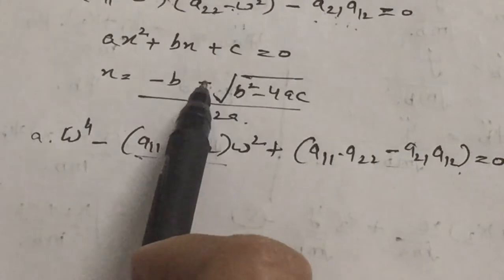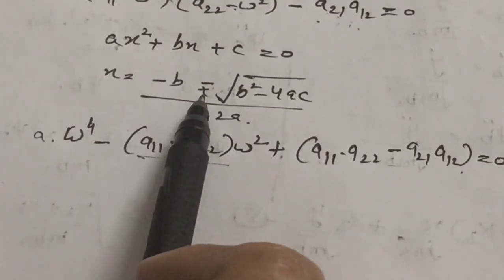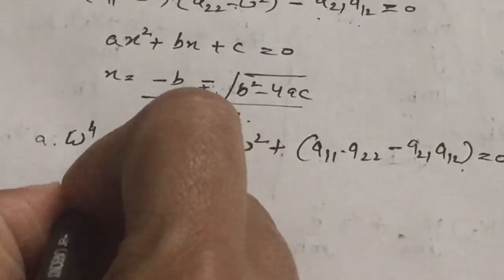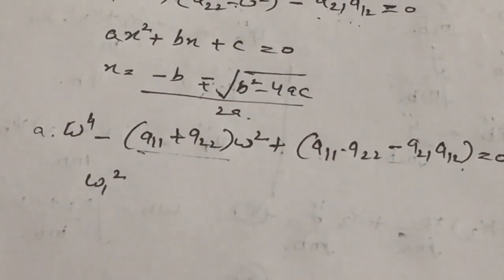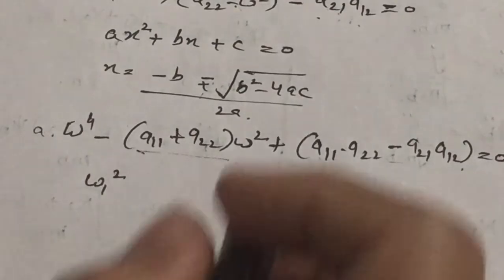One is for the negative sign and another is for the positive sign. And what are the solutions? We can put this solution directly. The first solution we indicate with omega 1. And what is the value of omega 1 square?